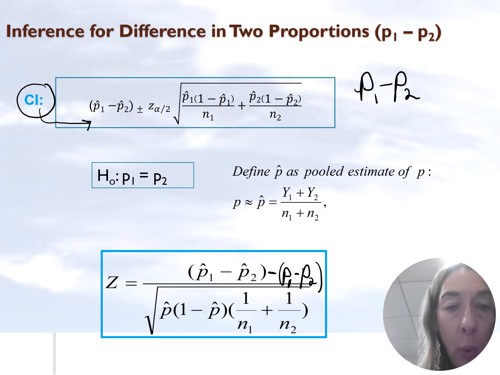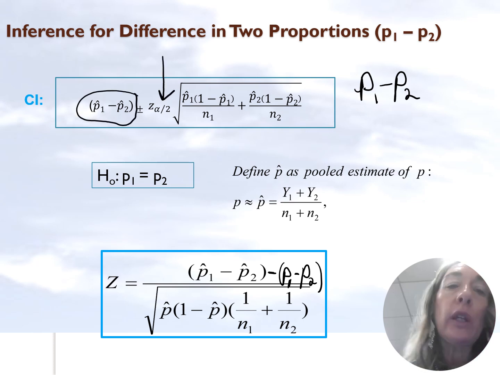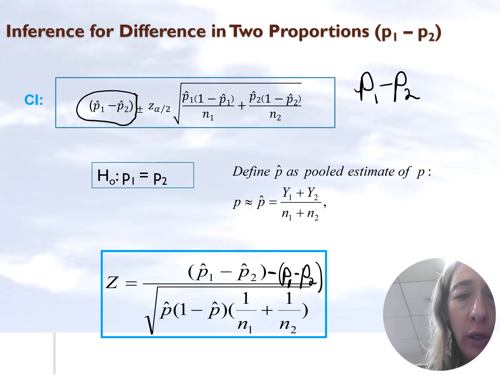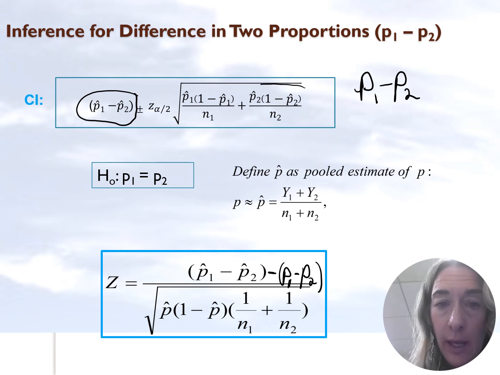So we used the difference in the p hats as the point estimate. We used the z-distribution, or the normal approximation to the binomial. And under the radical, we used the individual P1 and P2 hats as such.